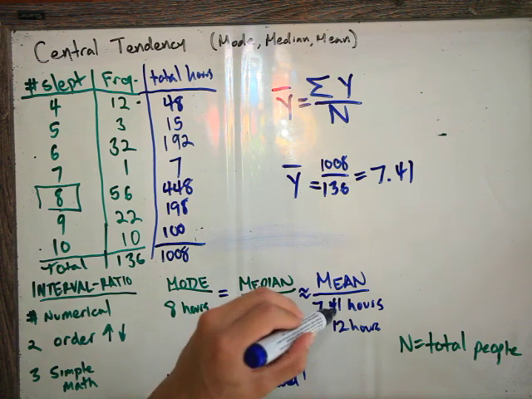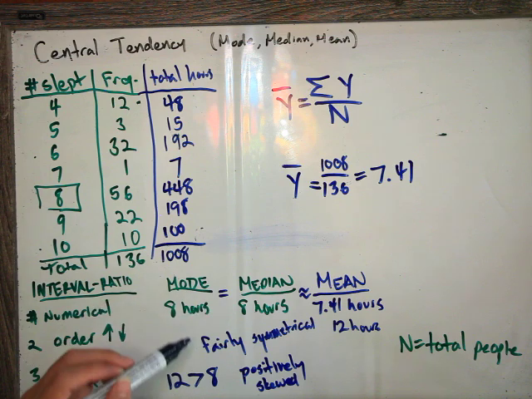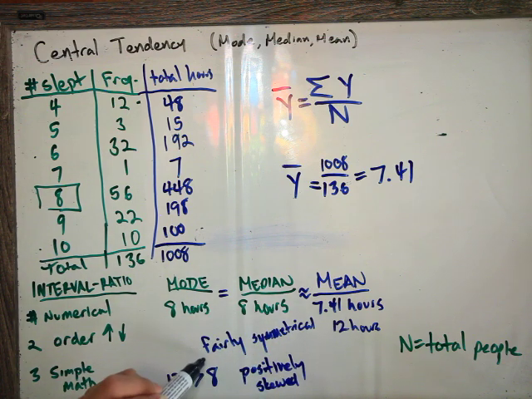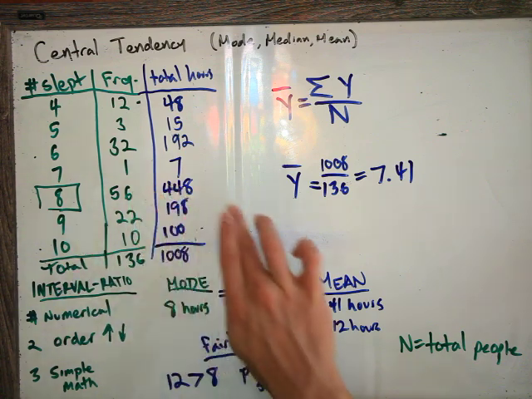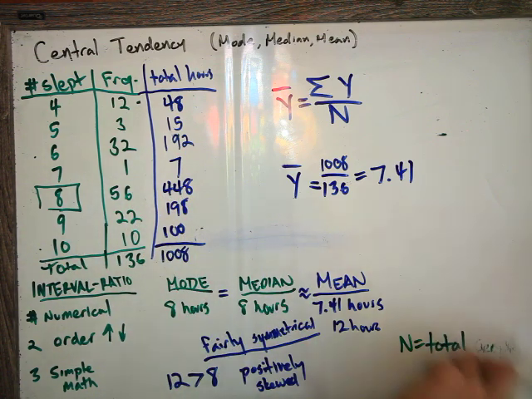But it ended up being very close to our median and mode, right? 7.41 is very close to 8 and 8. So we have a fairly symmetrical data set here. Now, that's how we would find the mean, median, and mode for interval ratio data that is organized in a frequency distribution.